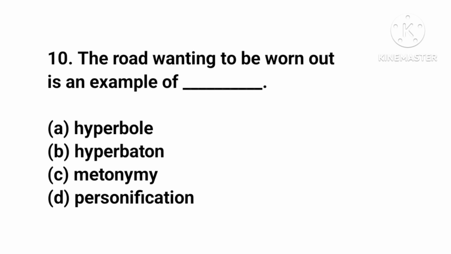Number 10. The road wanting to be worn out is an example of dash. Option A, hyperbole. Option B, hyperbaton. Option C, metonymy. Or option D, personification.